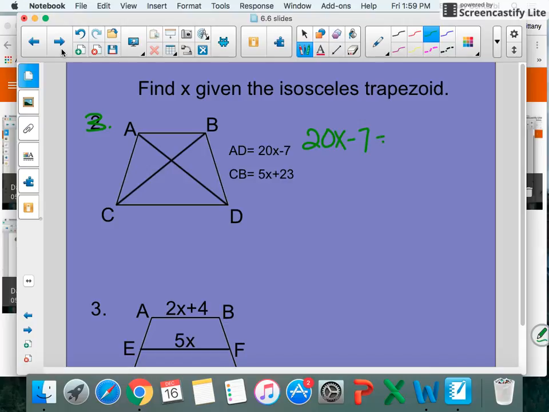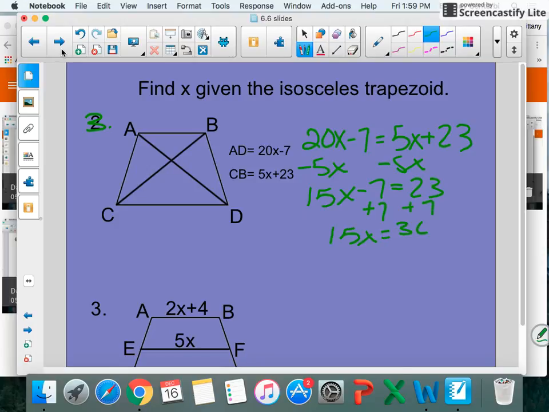So I have 20x minus 7 equals, because congruence is the same as equals, 5x plus 23. Then I'm going to solve for x. Subtract 5x from both sides, so I get 15x minus 7 equals 23. Add 7 to both sides. 15x equals 30. So x is going to equal 2.